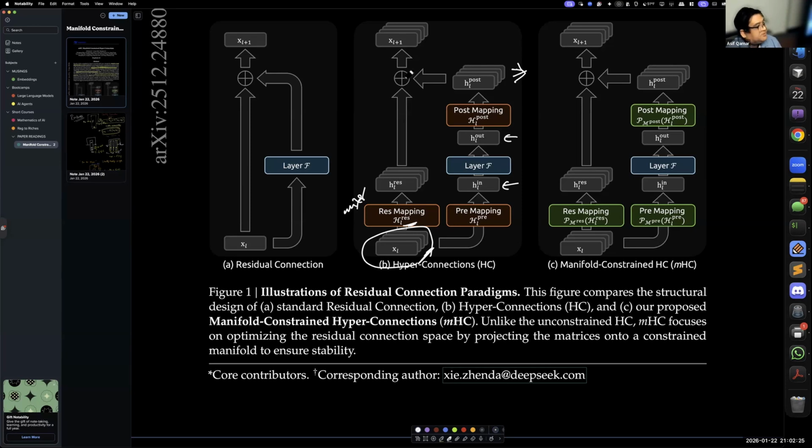So what did this paper really do? This paper, at the end of it, if you compare these 2 diagrams, do you see that they look uncannily the same? Unless you carefully observe, you can't tell what the difference is. So let me highlight the difference. Do you notice that here there is HRES? But what this one has done is, it has applied the doubly stochastic constraint on that, right?